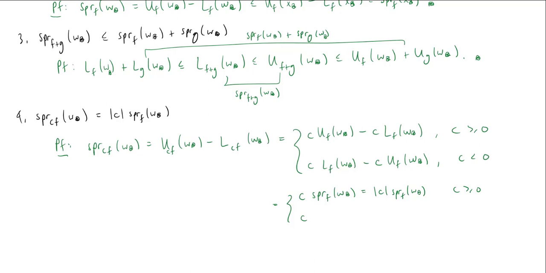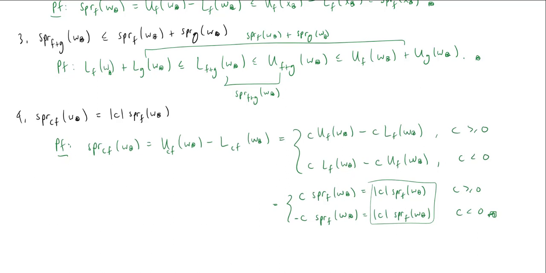Let me just put the negative at the front, and then I'll have negative C times the F spread. But when C is negative, negative C is the absolute value. So this is again equal to the absolute value of C times the F spread of W. So in either case, we get the absolute value of C times the F spread. Okay, so that finishes the proof of number 4.